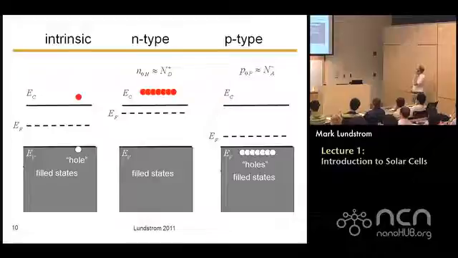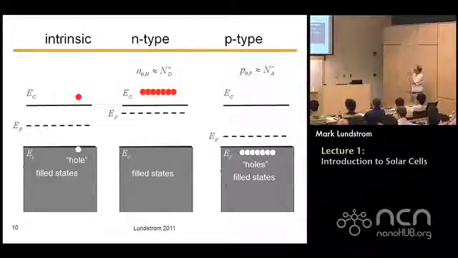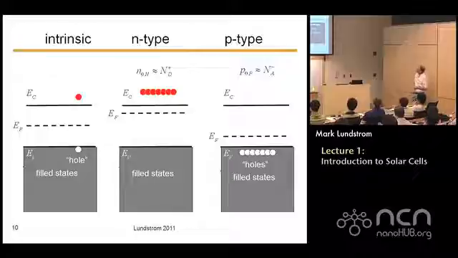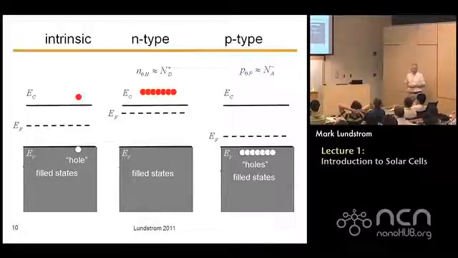To satisfy its bonding to its 4 nearest neighbors, we can pull an electron out of the valence band and satisfy that bond. And now we've introduced a hole in the valence band. So for every boron atom that goes in, we have 1 empty state in the valence band. And the energy to do that is very weak, so the number of holes is equal to the number of boron atoms that we put in.